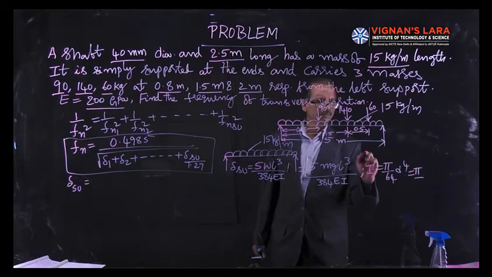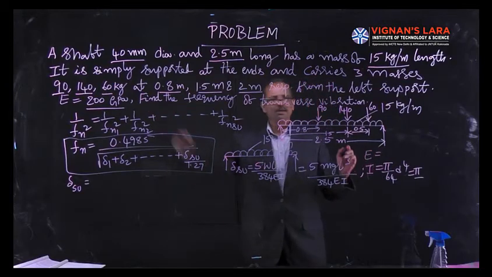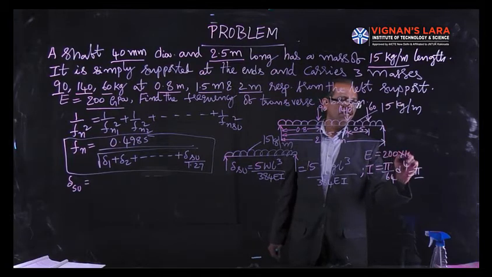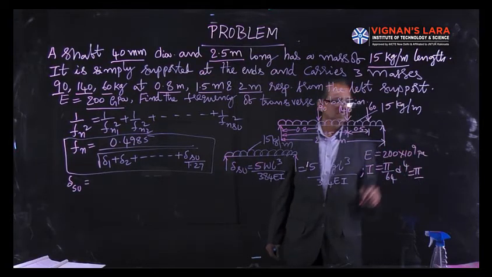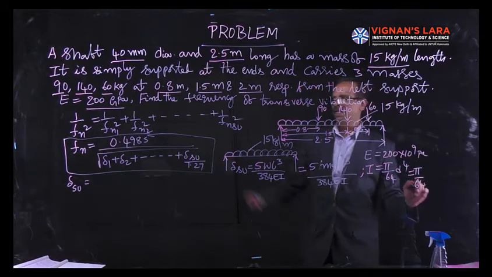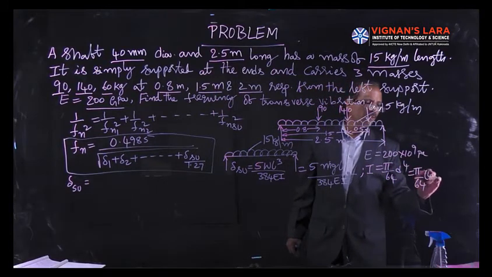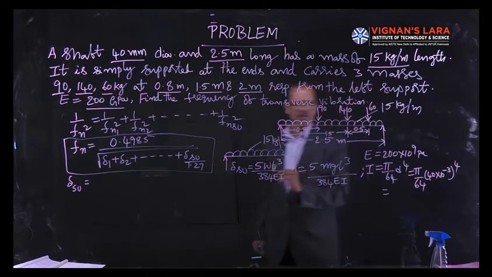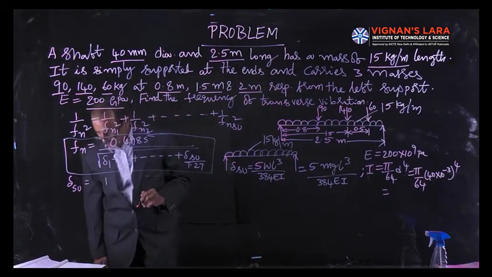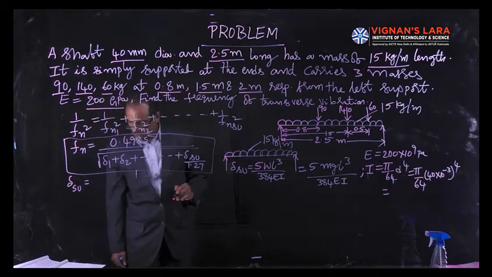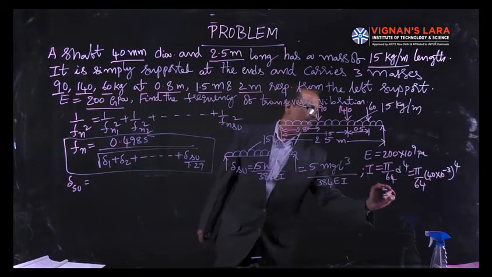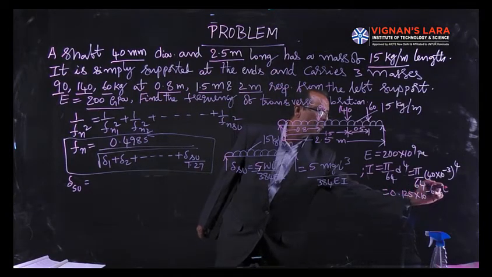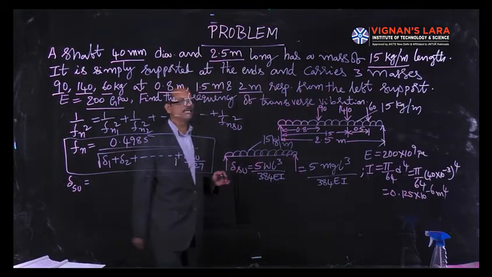E is given, 200 GPa, that is 10 power 9 Pascal. So pi by 64 d, 40 into 10 power minus 3 whole to the power of 4, that gives the value of I. So you get the value of I is equal to 0.125 into 10 power minus 6 meter to the power of 4.